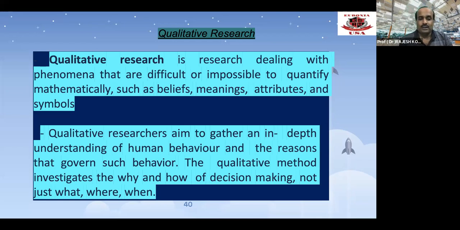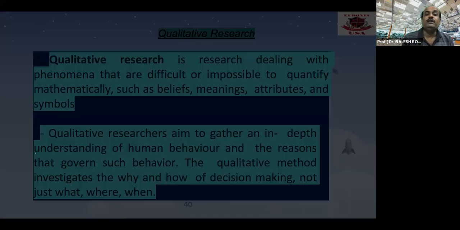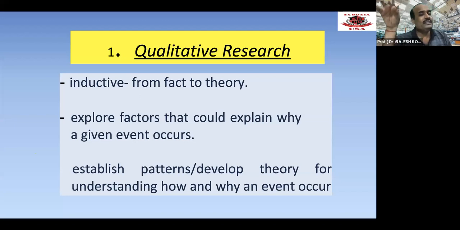So when you do research, qualitative will help you know why people act or behave like this and how they take decisions, not just what happens. Always it is inductive in nature, because it forms a theory. Explore factors that could explain why a given event occurs, establish patterns or develop theory for understanding how and why an event occurs.